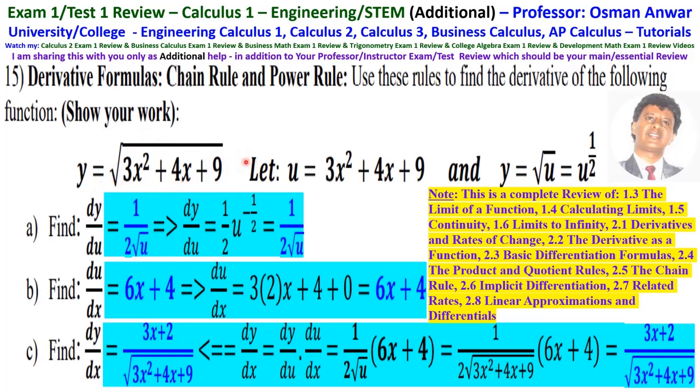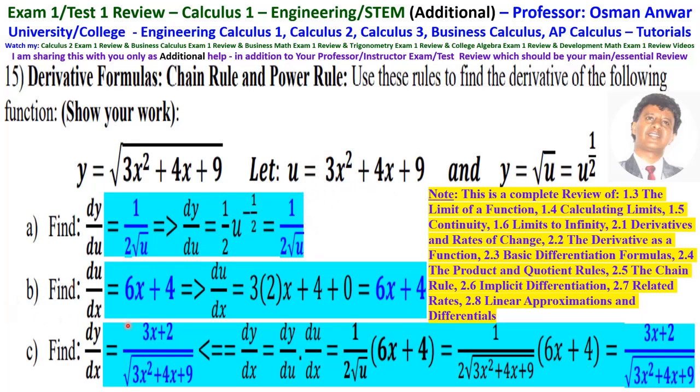So then u is 3x squared plus 4x plus 9. Then y becomes square root of u, which is u to the half. Then take it step by step. First find dy by du, which is 1 over 2 u to the minus half, which is 1 over 2 square root of u. Then we're going to find du by dx, which is 6x plus 4.